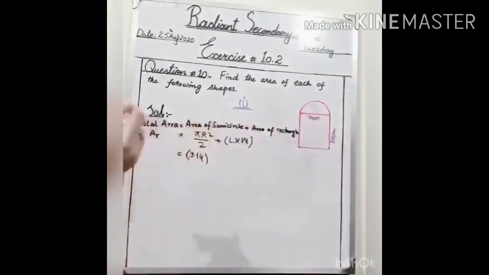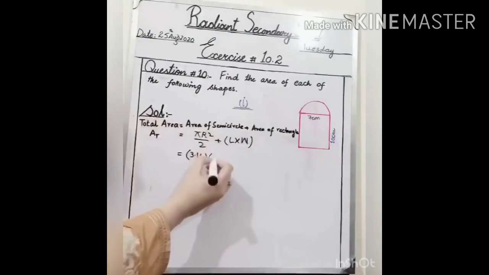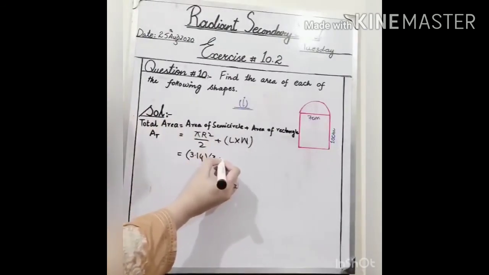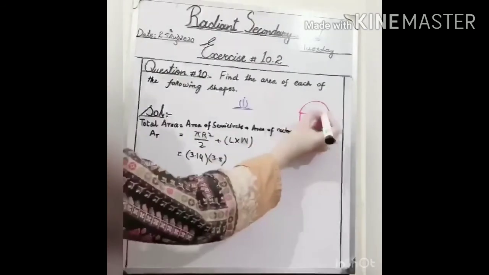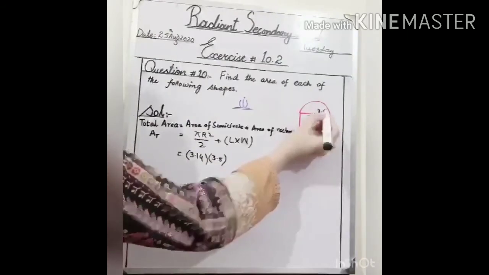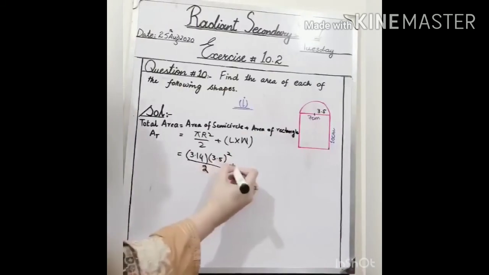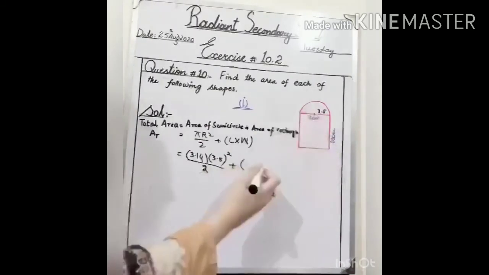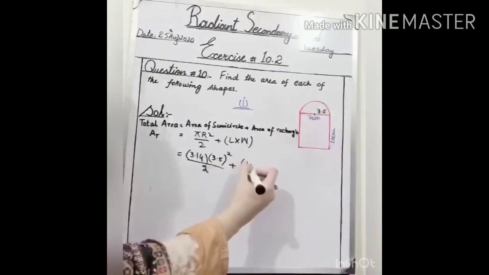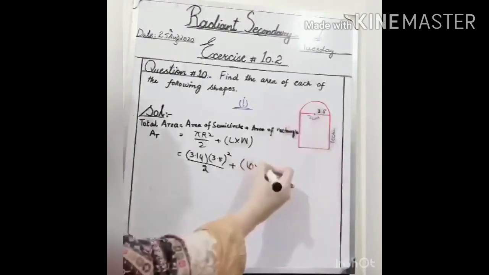Half of 7 is 3.5. So here the radius is 3.5. 3.5 square divided upon 2 plus length 10 into width 7.